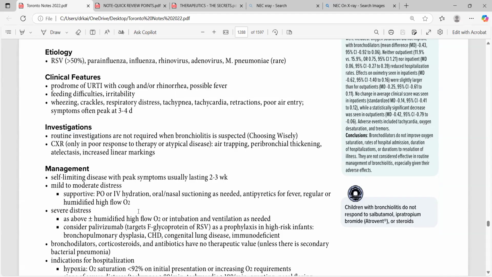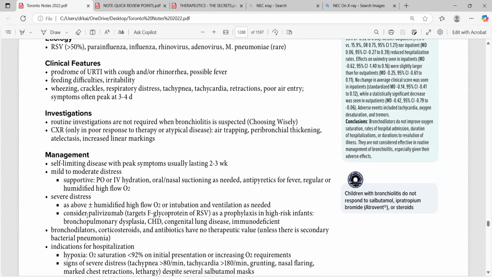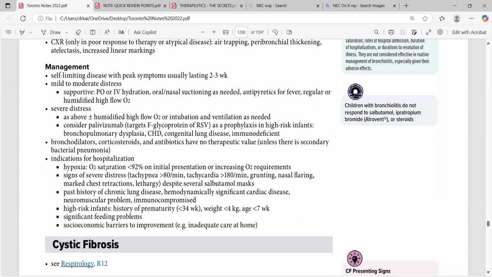Otherwise, it's simple and straightforward. It's a self-limiting disease: mild to moderate, oxygen, oral or IV hydration; severe cases go for oxygen. Bronchodilators, corticosteroids, and antibiotics have no therapeutic value. So don't think this is asthma.